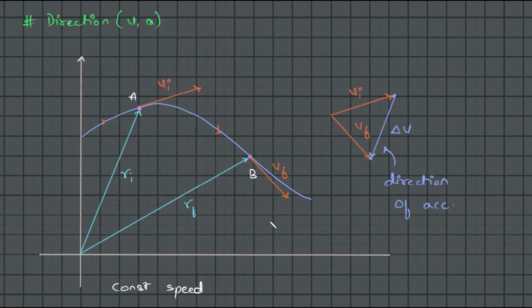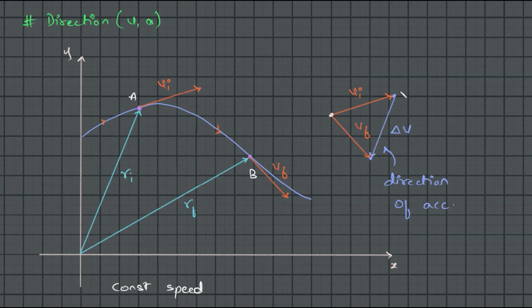So what are the steps? First, you have to have the graph or the path of the particle, right? So the particle is moving in this xy plane in this manner. Then I considered 2 points and we found the initial velocity and the final velocity. And all I did was use vectors to arrange them tail to tail. Remember, this is tail.